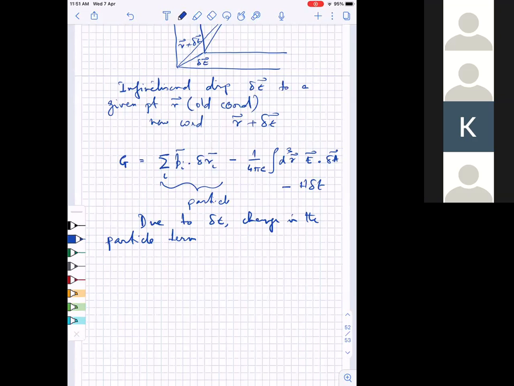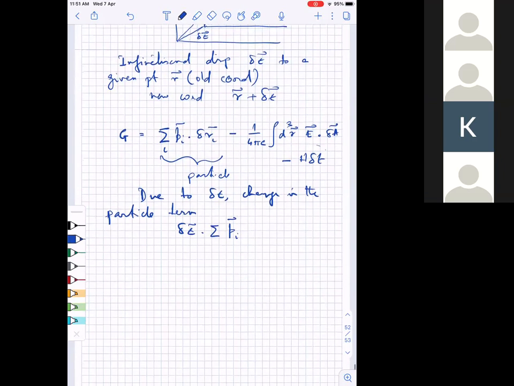So this is delta epsilon dot the summation of p_i. This is the change in the particle part. The H delta t doesn't have any change due to a coordinate transformation because there is no coordinate coming in.